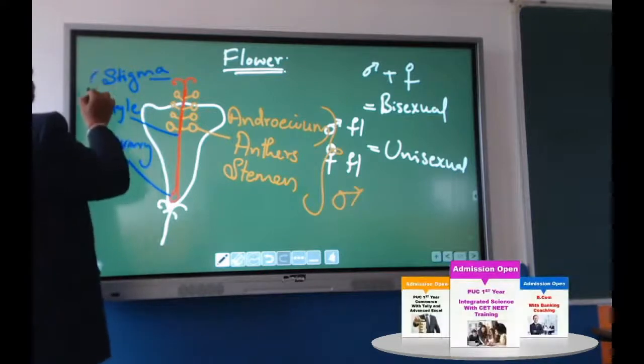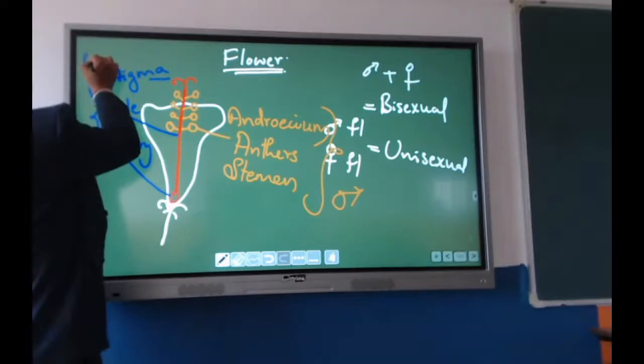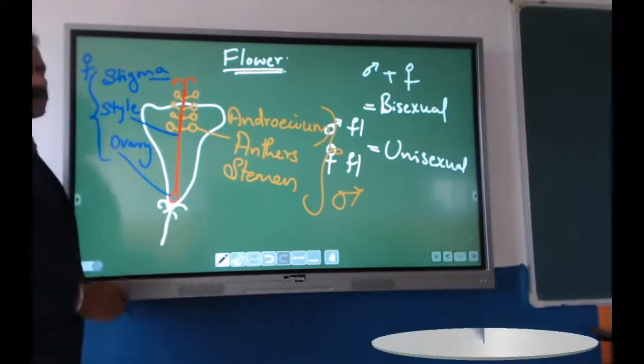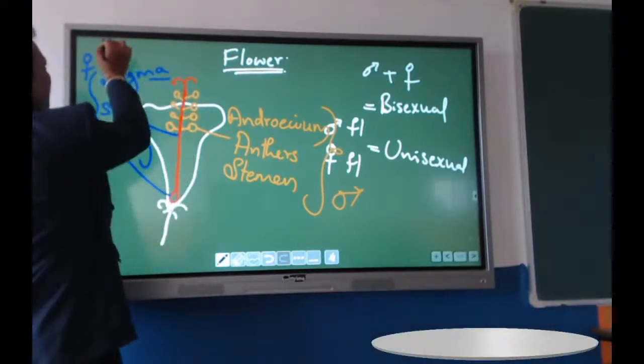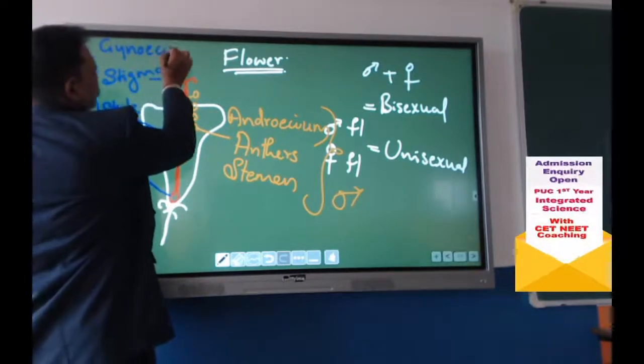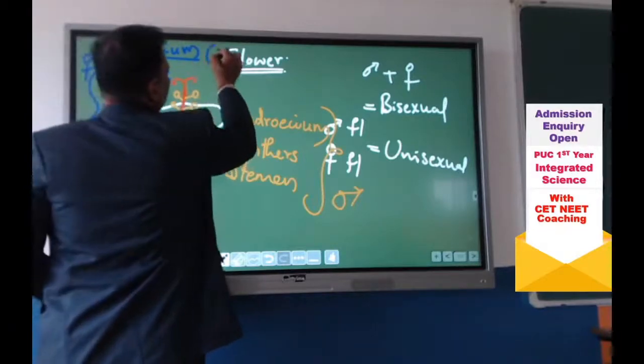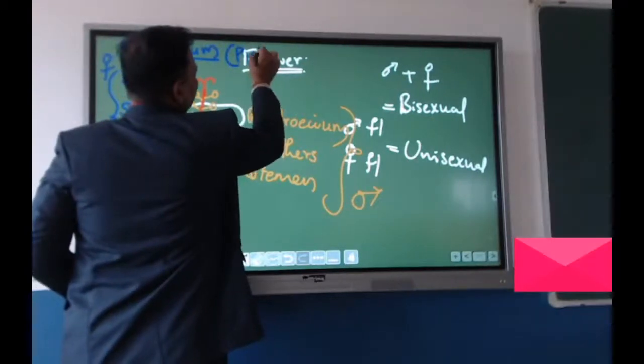So, ovary, style and stigma. It is forming a female reproductive part and it is called gynoecium, or you are also calling it as pistil.